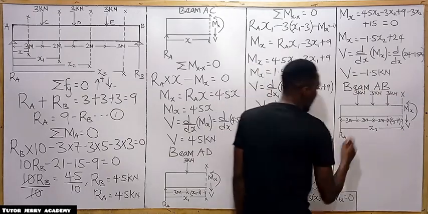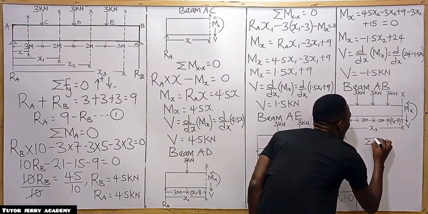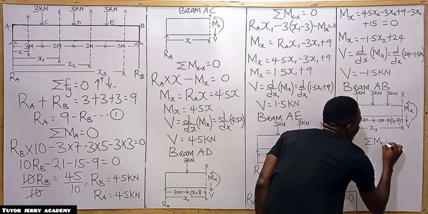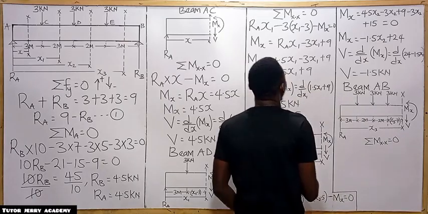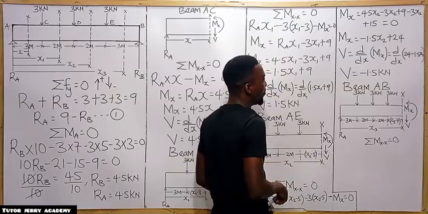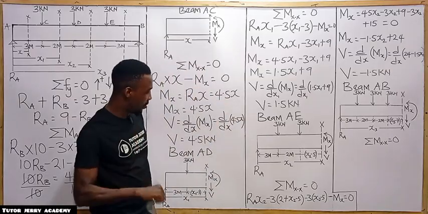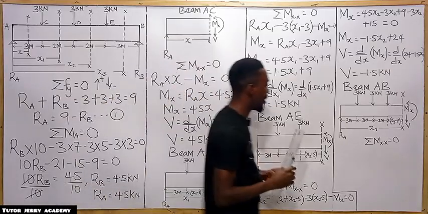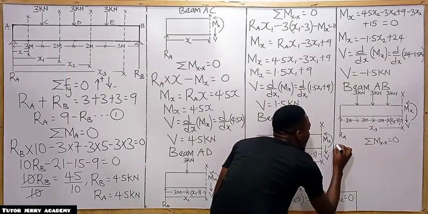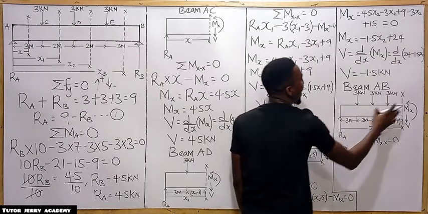Let's take our moment about this point, that is, the summation of moment about the section part SS is equal to 0. I want everything to be on the board so that if I draw the shear force and bending moment, you understand everything clearly, so I need to manage my space. So we are going to have RA multiplied by S3. Then others will be minus.